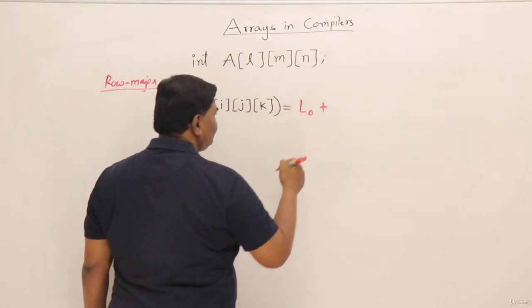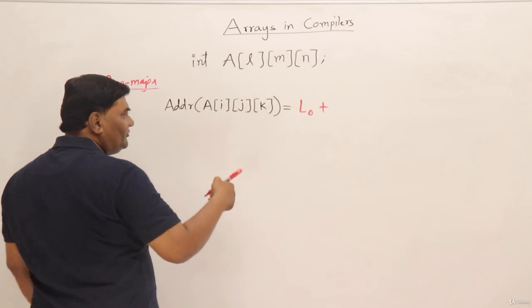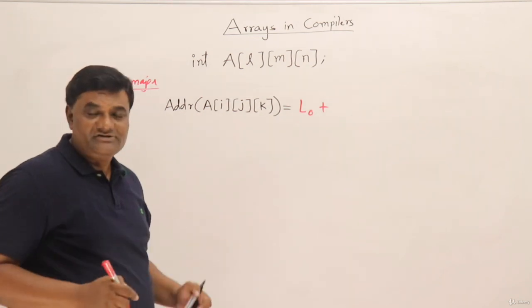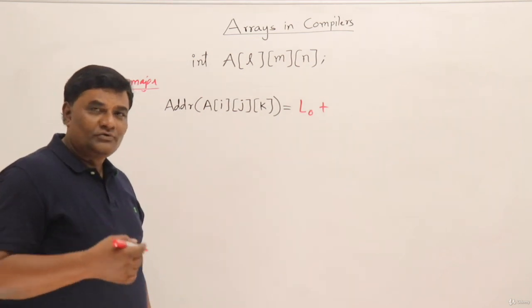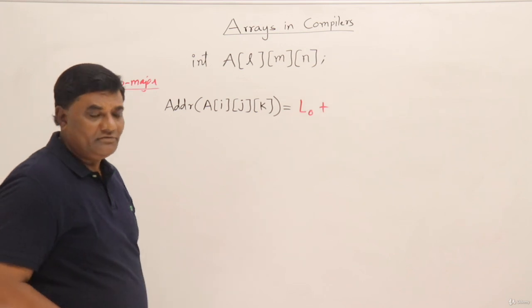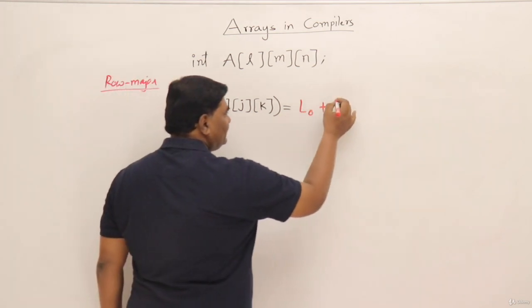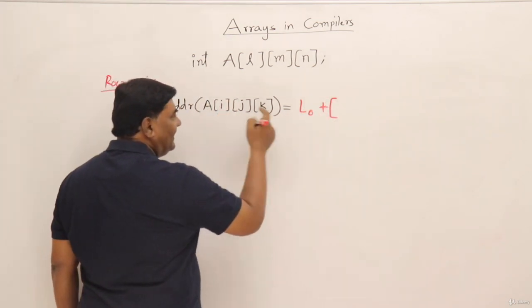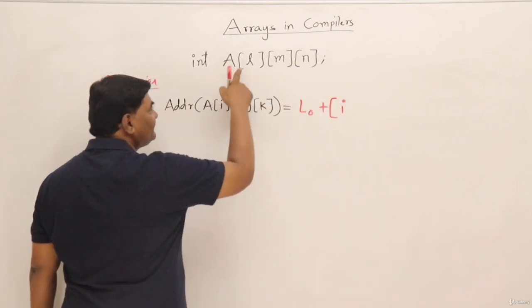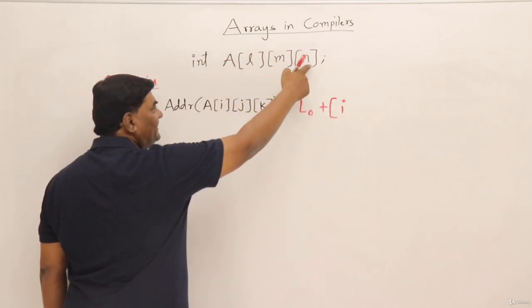So let us prepare a formula. L0 plus, that is the base address. I am not drawing a diagram showing you a 3-dimensional array. As you know the approach for preparing the formula, the same thing will be followed. So let us take index I. This is for the first dimension, so multiply the remaining other dimensions.